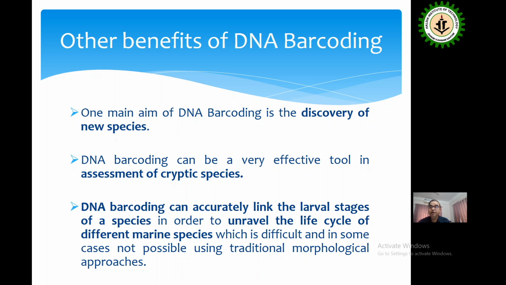It is very difficult and in many cases quite impossible to link the different life cycle stages of the marine species because the ecosystem is very huge and diverse. So the barcode is the same for the egg, larvae or any developmental stage and adult. So we can easily link the different stages to have a clear idea of the life cycle.